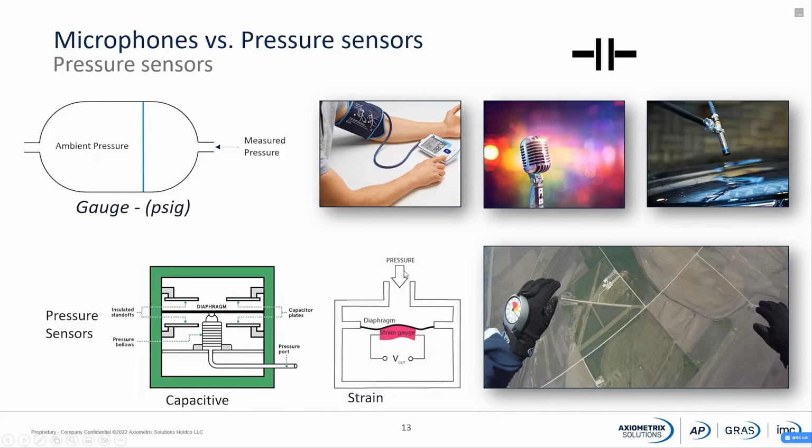You also have a strain gauge measurement where you have a diaphragm and some kind of a strain gauge that is measuring the strain of the diaphragm itself. So that is just two ways of doing it. There are some other ways as well, but these are two of the most common ways of building a pressure sensor.